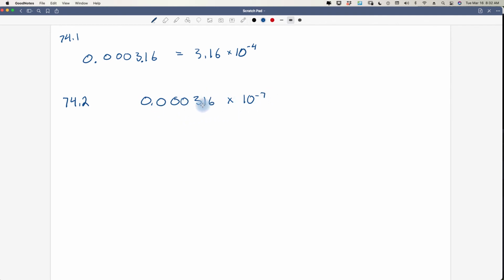So we put our decimal place where we want it, and we go 1, 2, 3, 4. And we're going to increase this by 4. Okay? Because what we needed to do, let me show you.